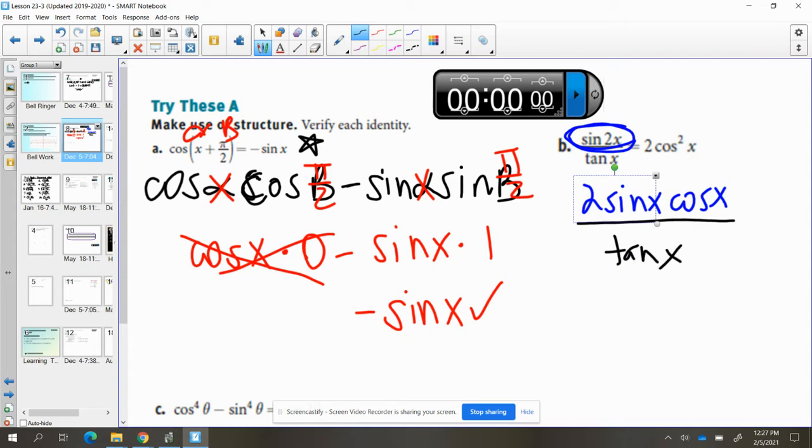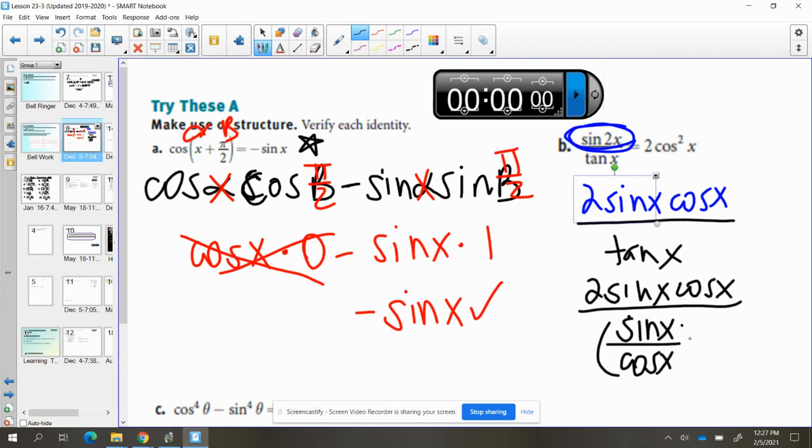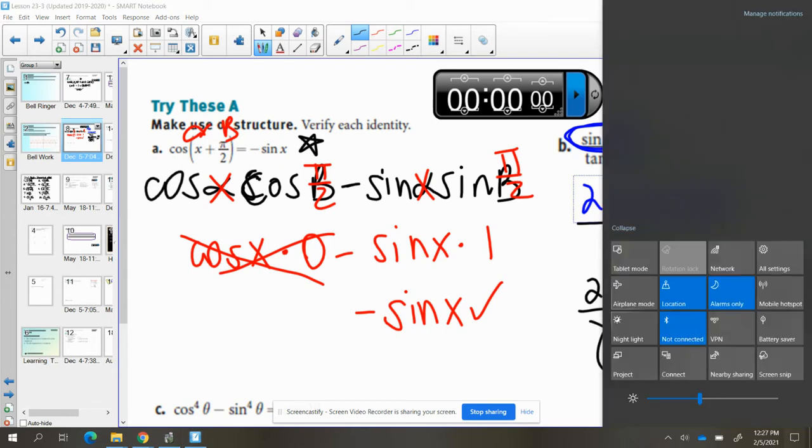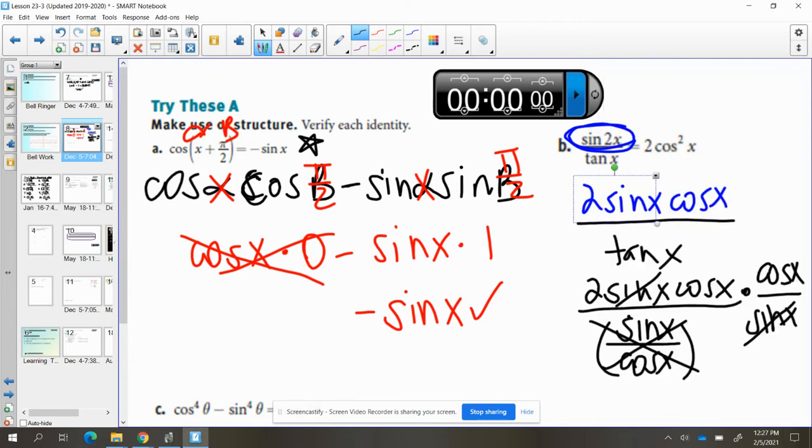If we rewrite tangent as the sine over the cosine, and multiply by the reciprocal, flip, skip, and multiply, we end up being able to cancel. The sine in the denominator will cancel with the sine in the numerator, and then we get 2 times cosine squared x left over, which was our goal for the verification.